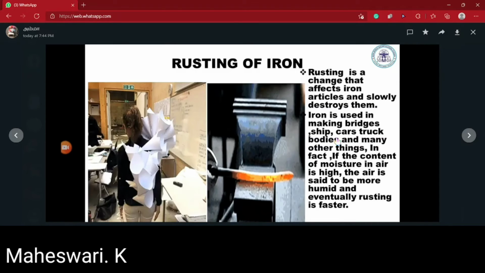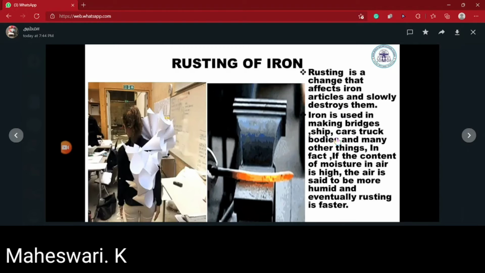Burning is a chemical change because in burning the paper we can find new substances. What are they? Ash, carbon dioxide, water vapor and smoke. Rusting is a change that affects the iron particles and slowly destroys them.